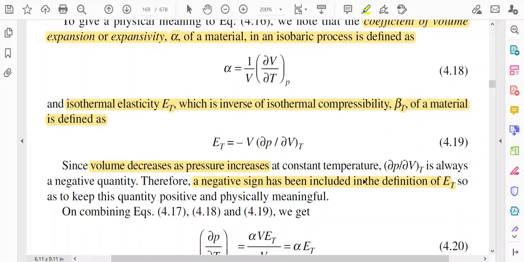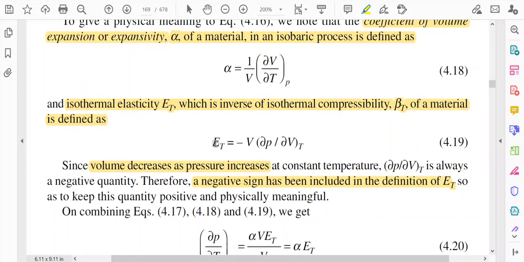That is why ∂P/∂V is always a negative quantity. Therefore, a negative sign has been included here, so that E_T is meaningful.